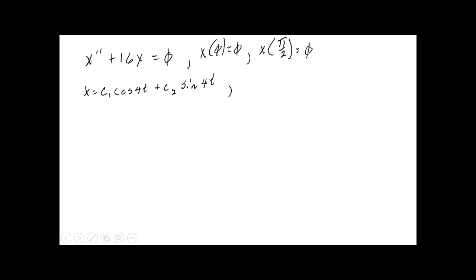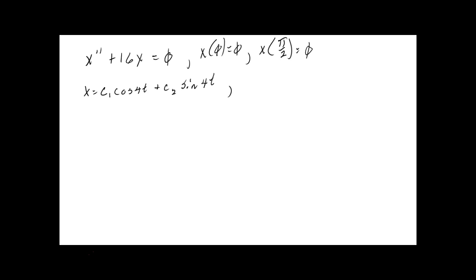Now, if that would have been x prime at 0, that would have been an initial condition. But this is at two different locations, so this is a boundary condition. Just like we talked about one of the 4 cases or so that we talked about at the end of class last time. Okay?